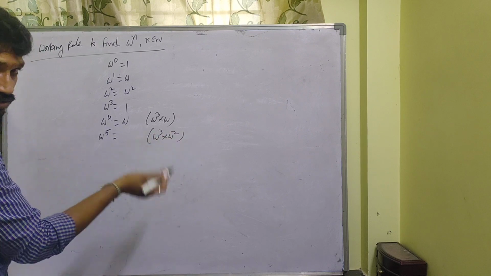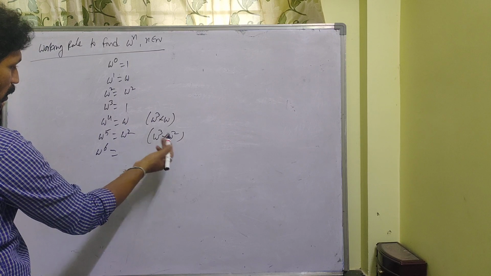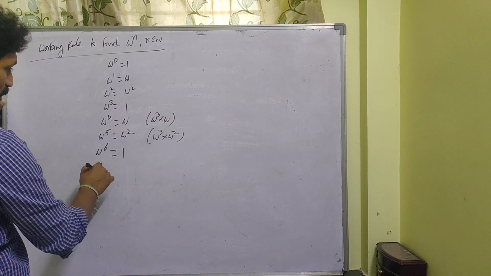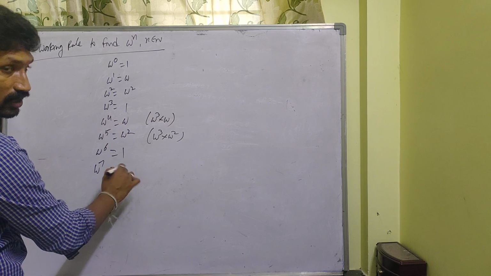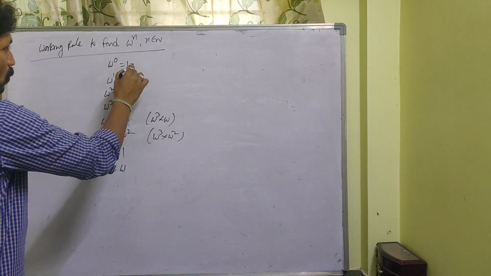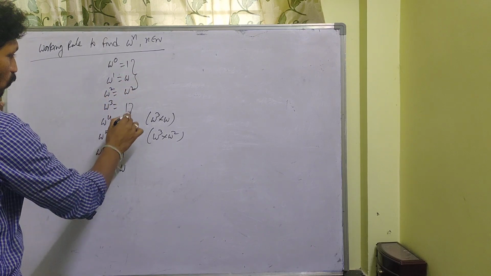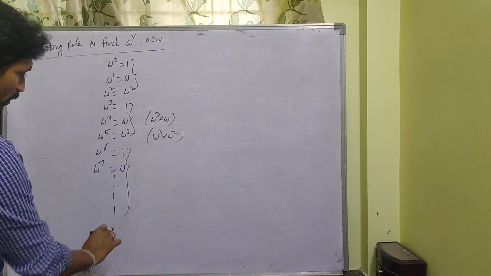This value is 1, so it is omega square. Omega power 6, that is omega cube into omega cube, that is 1. Similarly, omega power 7 is nothing but omega power 6 into omega, that is omega only. So like that, if you observe, 1, omega, omega square, 1, omega, omega square, like that.